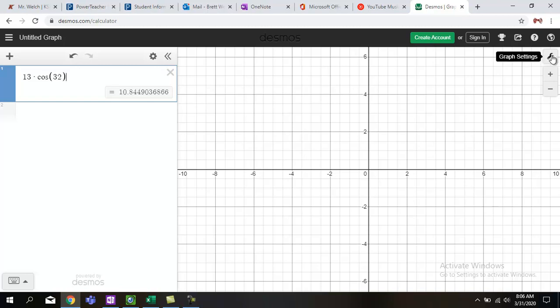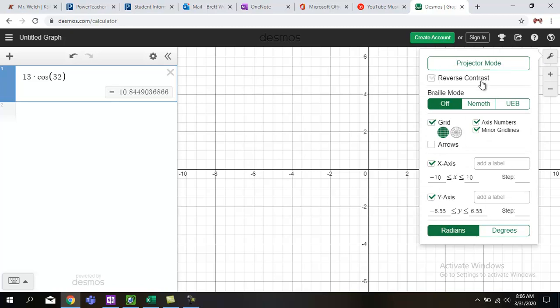I need to be careful and make sure it's in the correct mode. I'm going to come over to my graph settings, and notice it's in radians. We don't want it in radians, we want it in degrees. That is going to make a big difference in the answers that you get. So for this problem, the answer for x is 11.02. Let's come back over to our problem.